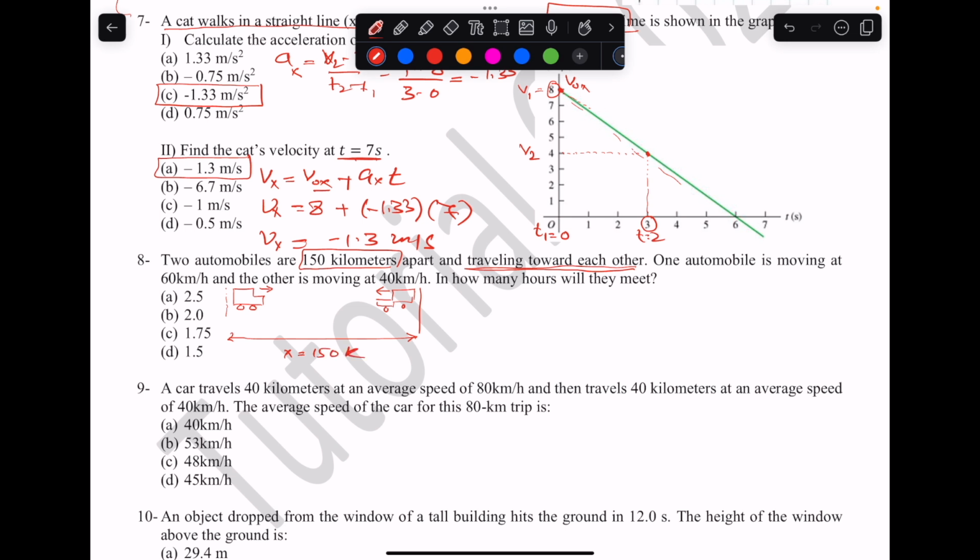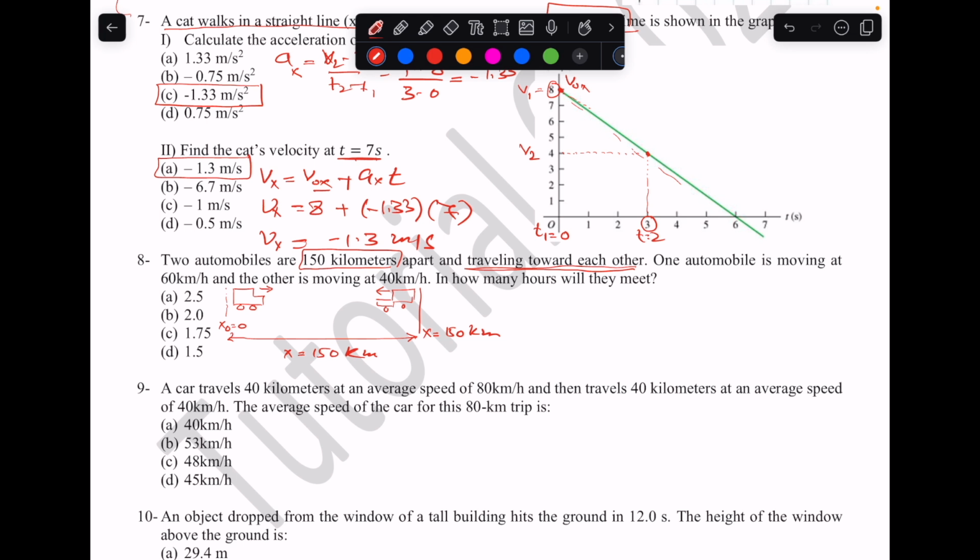Okay, so we select this x naught equals 0, and at this point, which is 150 kilometers apart.